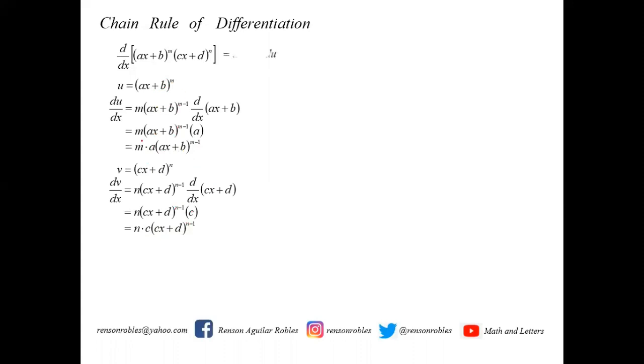Okay, and then following the formula, u dv plus v du, we shall now have u, (ax+b)^m, times the derivative of v, nc times (cx+d)^(n-1), plus v, that's (cx+d)^n, times the derivative of u, which is ma times (ax+b)^(m-1).